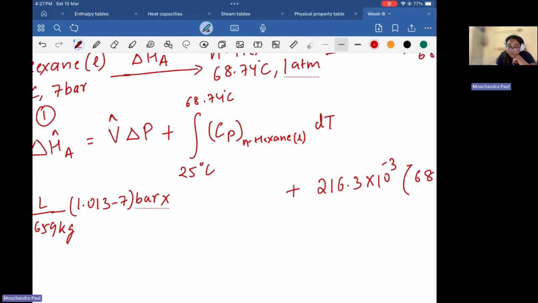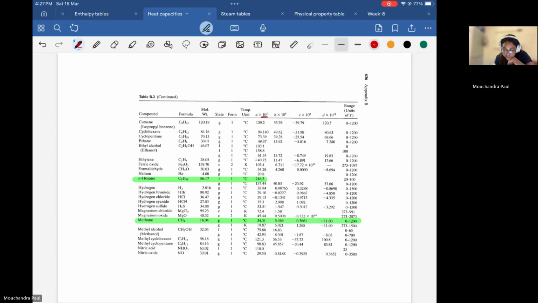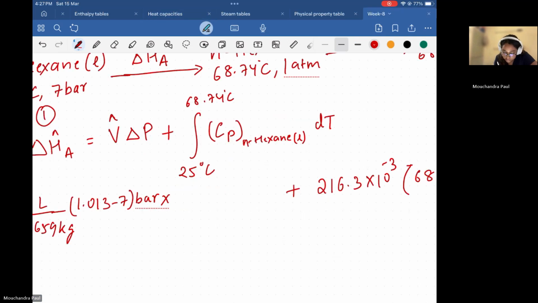Now, the molecular weight of N-hexane is 86.17. And we can use the universal gas constant values.